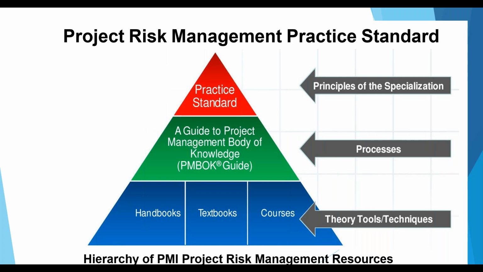Number one, the first one comes from the specific project risk management principles, which are given in the practice standard, which we are just discussing right now. There are detailed processes which are explained in the PMI PMBOK guide, and we will cover this in the next slides as well.